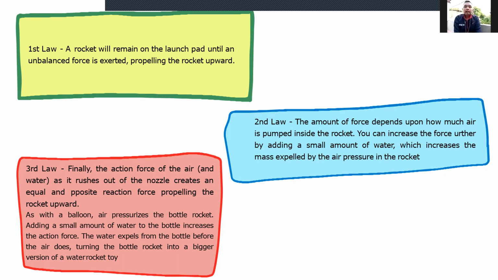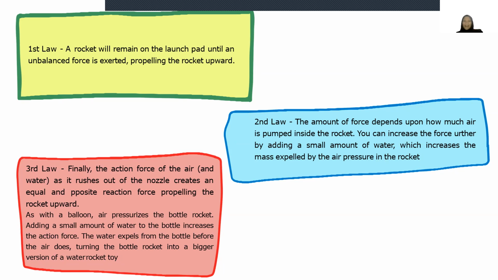And then, as with a balloon, a rocket has similarities with a balloon. Air pressurizes the bottle rocket. Adding a small amount of water to the bottle increases the action force. The water expels from the bottle before the air does, so turning the bottle rocket into a bigger version of a water rocket toy. That's it.